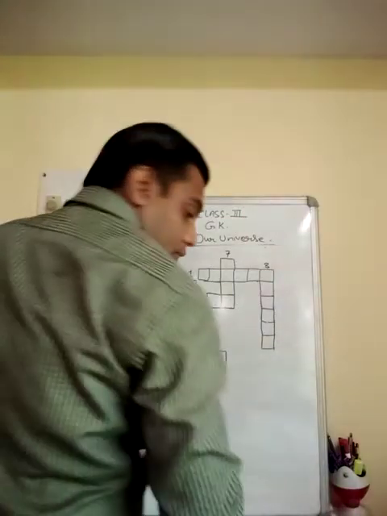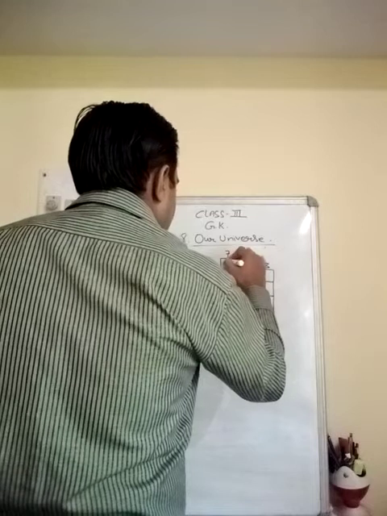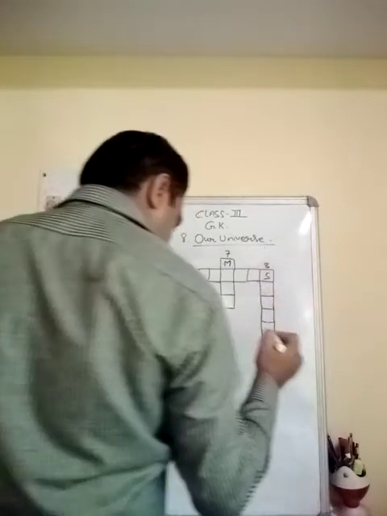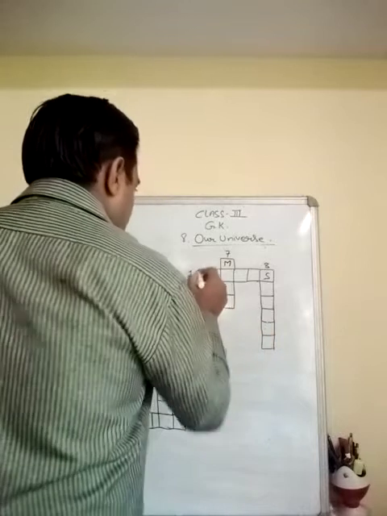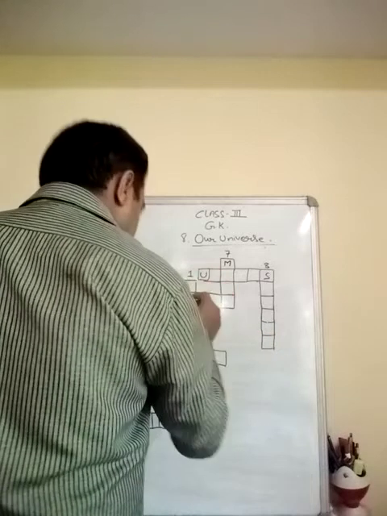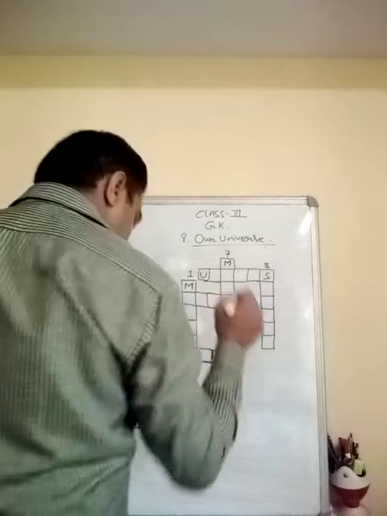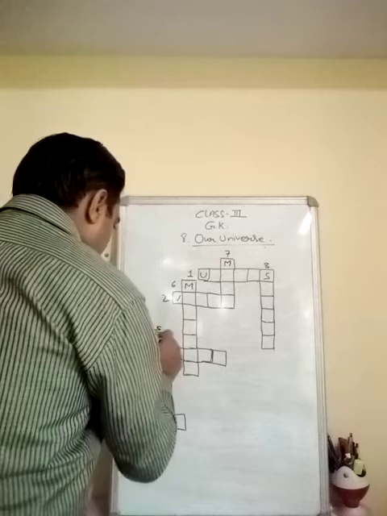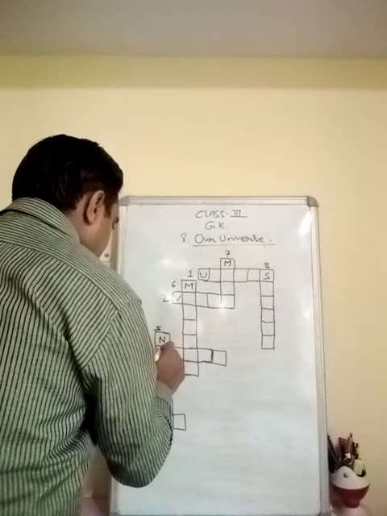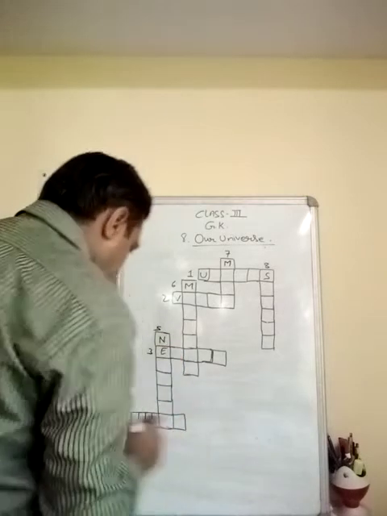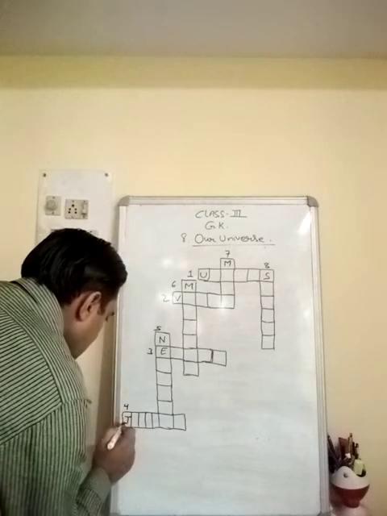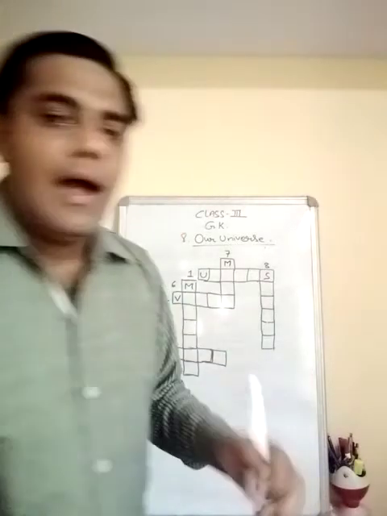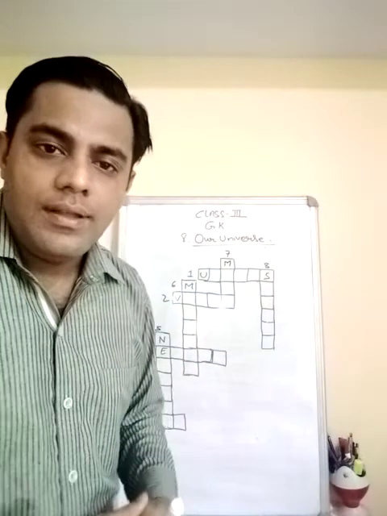Like if you look at your book, those who have the book, you will see in number 7, M is given, and in number 8, S is given, U is given in number 1, M is given in number 6, V is given in number 2, N is given for number 5, and E is given for number 3, and also J is given for number 4. These alphabets are there to help you figure out the answer.